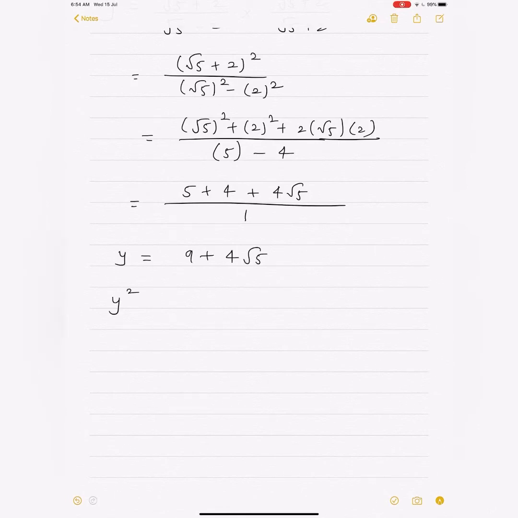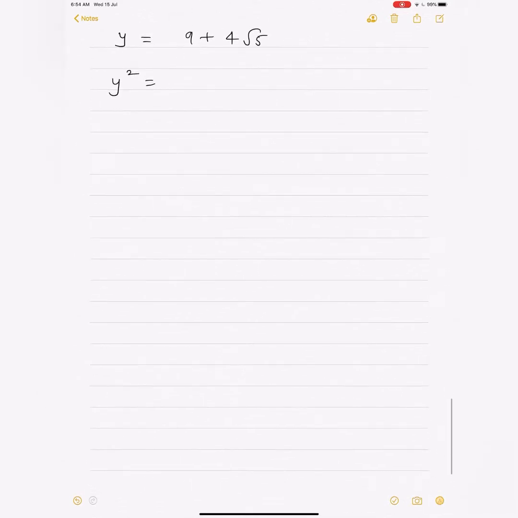But we have to find out y squared. How will we find out y squared now? Just square this term. So we'll get 9 plus 4 root 5 the whole square. What would this become now? A squared plus b squared plus 2ab.